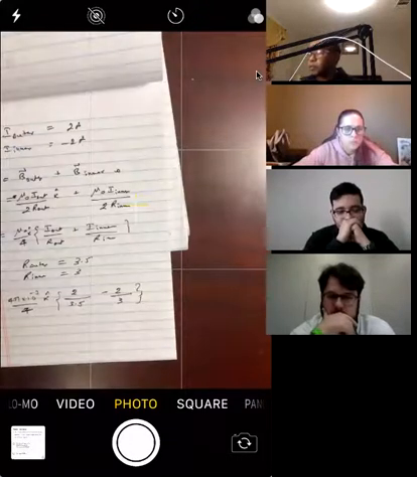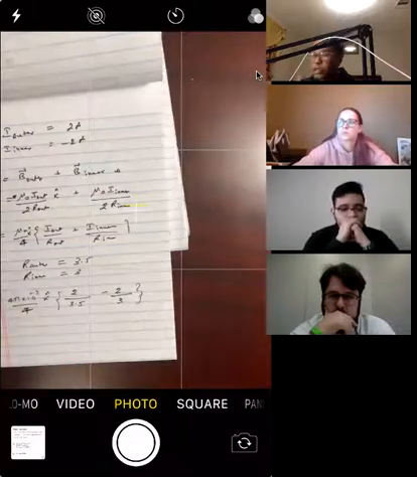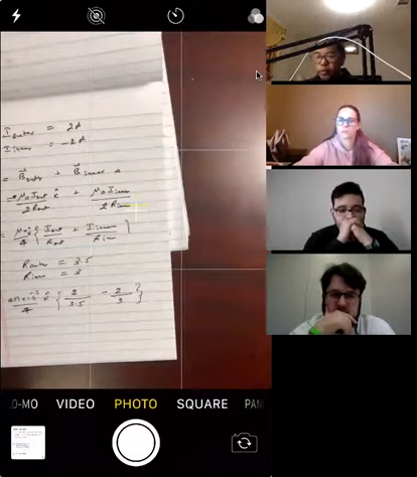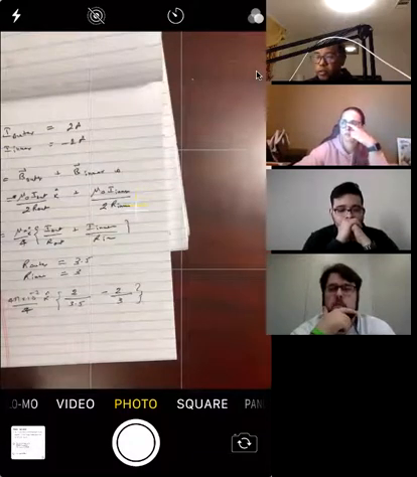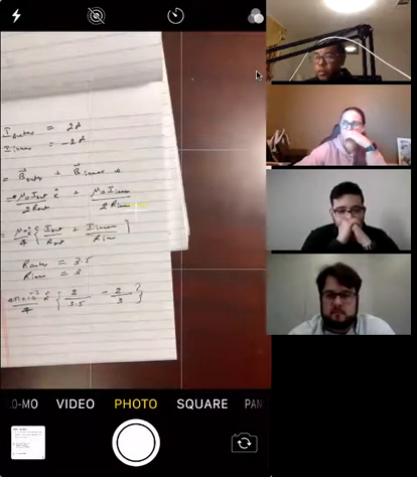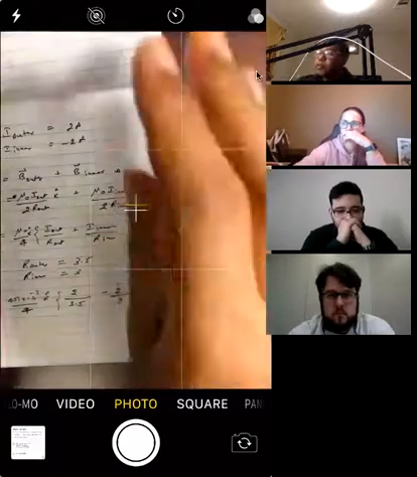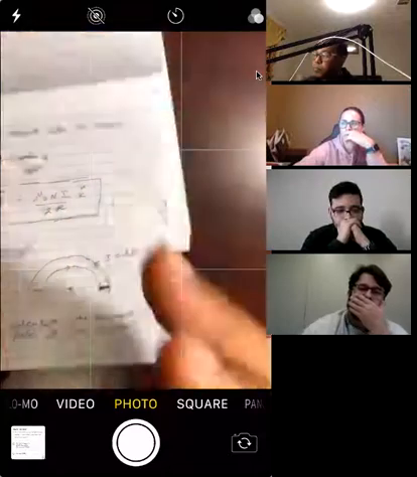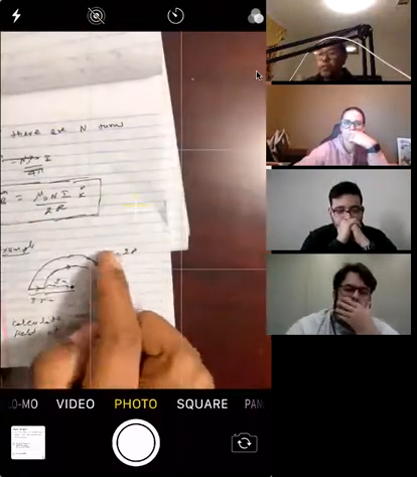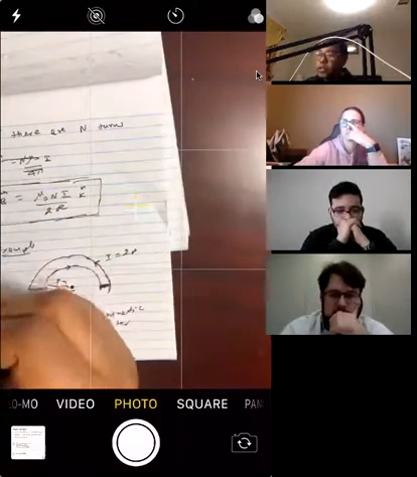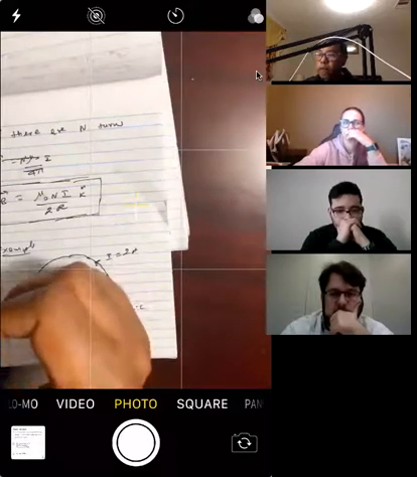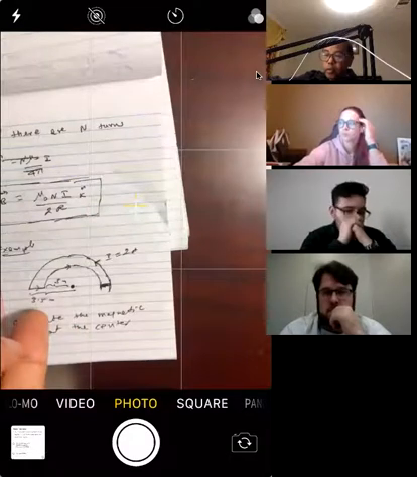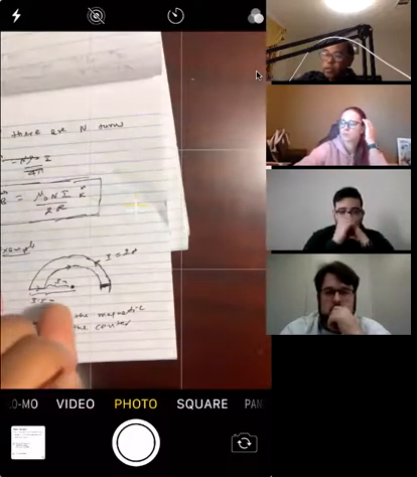Now, the direction of the current and the direction of the field are related by the right-hand rule. If this is the current, this gives you the direction of the field. So look over here. For the outer circle, which is going counterclockwise, the direction of the field is a positive k. But this one is going clockwise, so it's a negative k. That's another way of finding the direction.